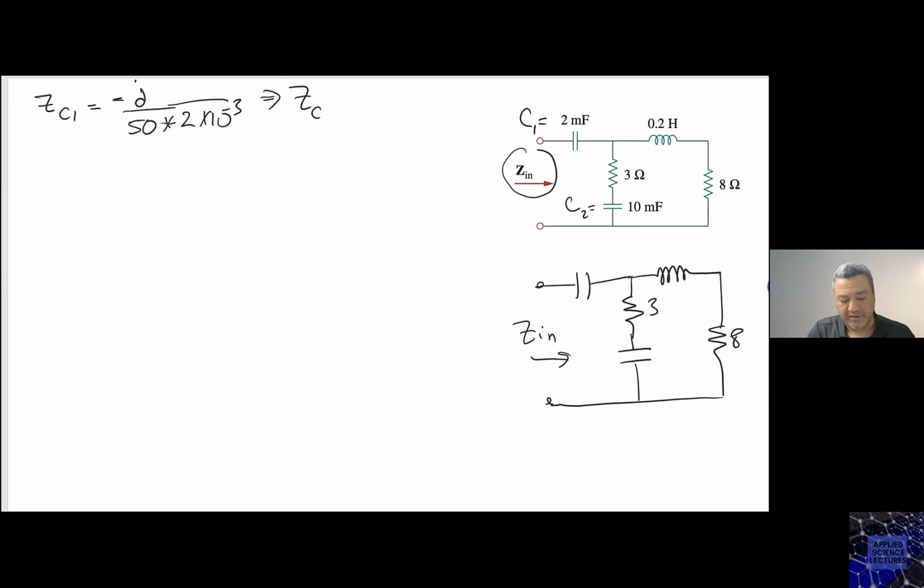Then ZC1 is minus j. Remember, we said the capacitor will always have negative impedance, right? So what we have here is 10.